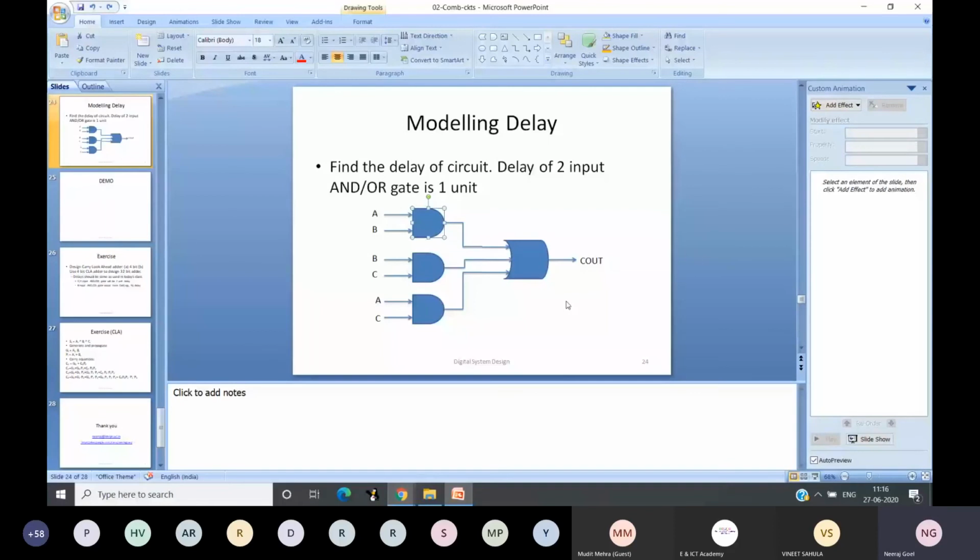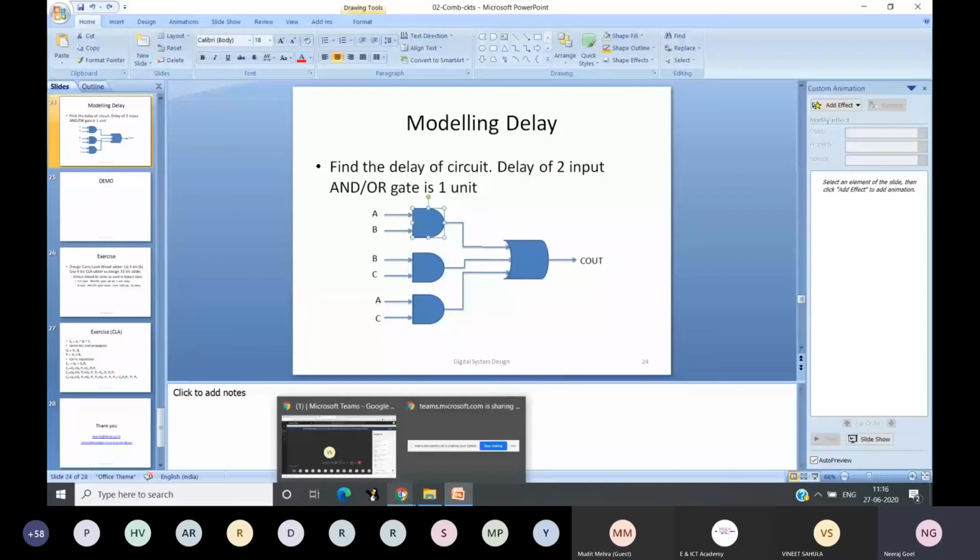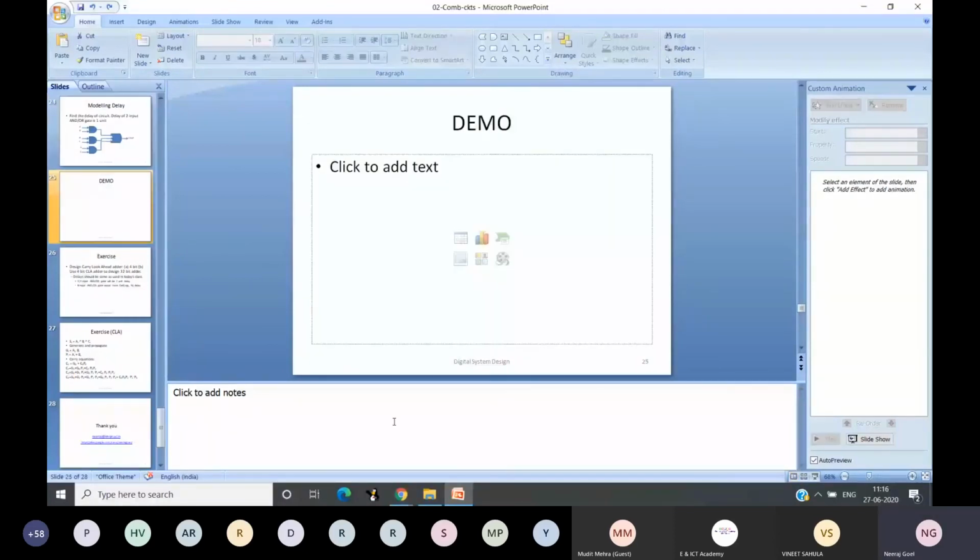Okay, so the 2 important things: one, all these AND gates are working in parallel. The second, if the number of inputs increases, then the delay will increase. Okay, so with this background, let us try to see the demo, and we will go through our exercise.